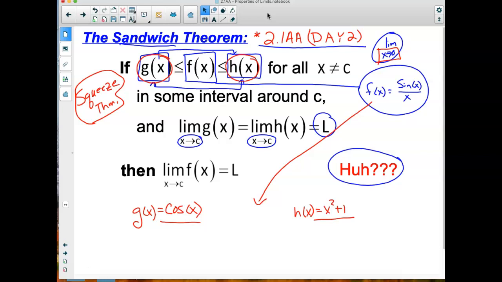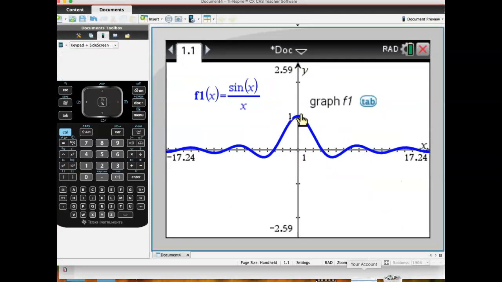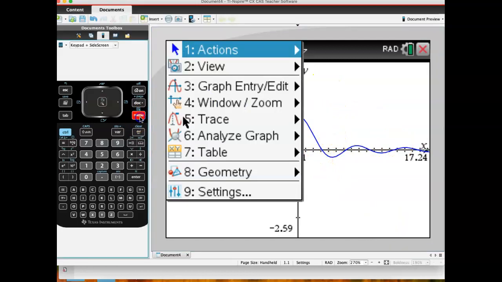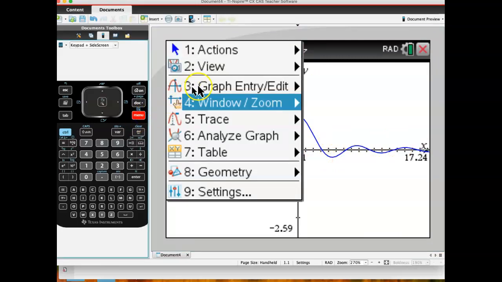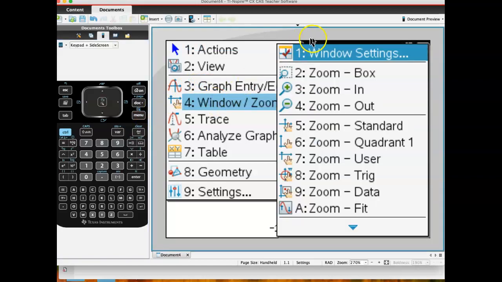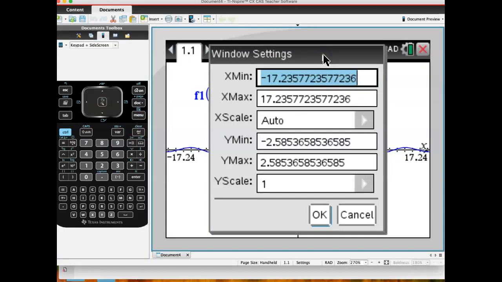What are you talking about? Well, let me come right back to my calculator here. Inside here, I already have sine x over x. This window's a little bit bigger than I want it to be, so I'm going to change my window quickly.